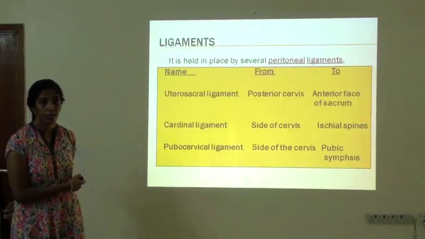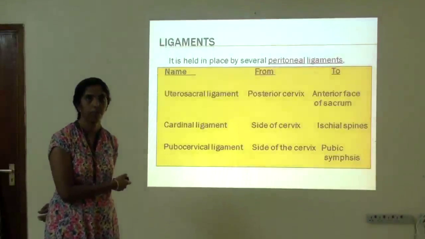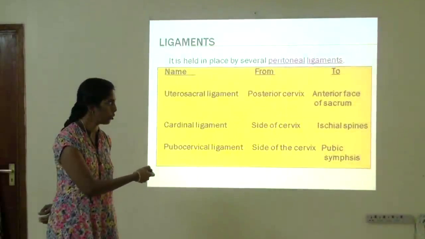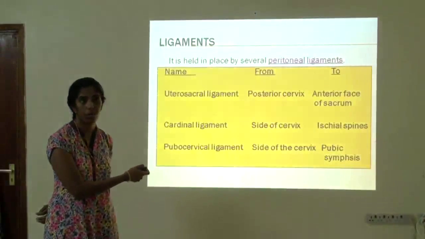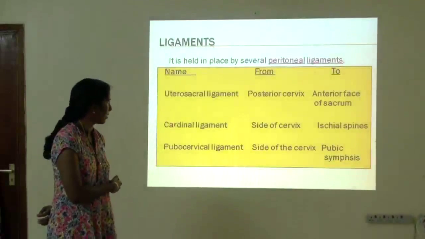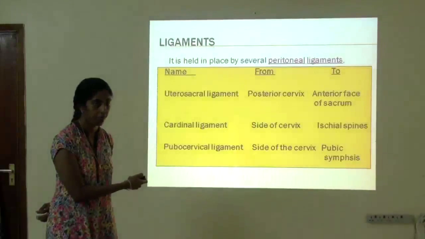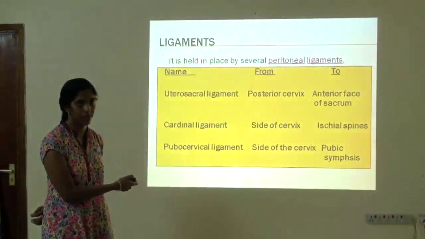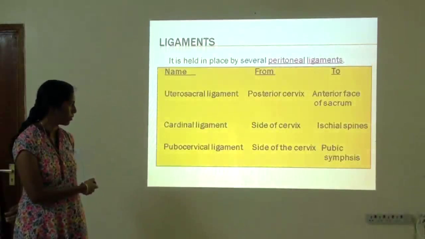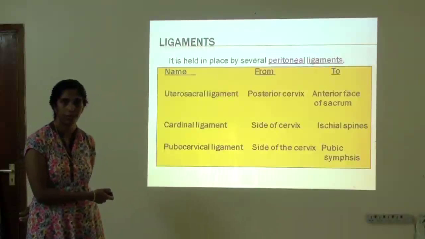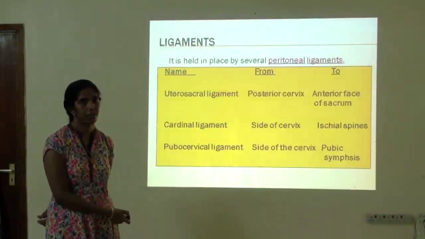The uterosacral ligament is from the posterior cervix to the anterior face of the sacrum. Then you have the cardinal ligament, which is from the side of the cervix to the ischial spines. And then last you have the pubocervical ligament from the side of the cervix to the pubic symphysis.